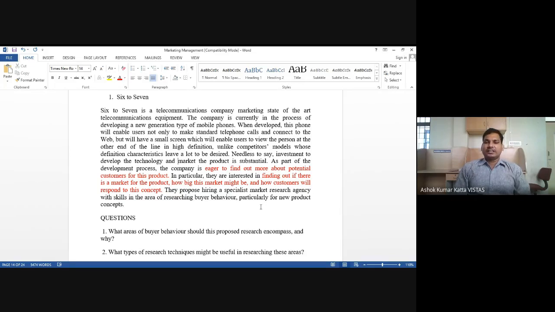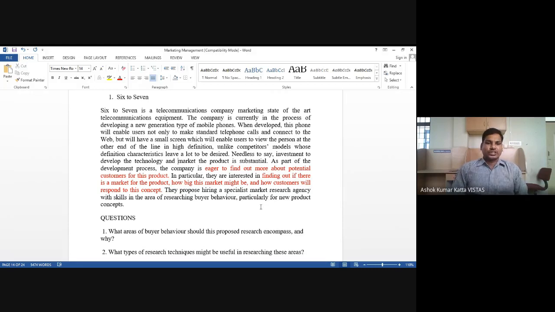Now here what they are thinking is the technology is very costly, high definition, and we are adding new features in the particular mobile. Now here they are very eagerly waiting to find out where their customers are. That is one point. The second thing is they are very much interested in conducting market research, to whom we have to sell and how to develop the new product. These are the two important points for them.